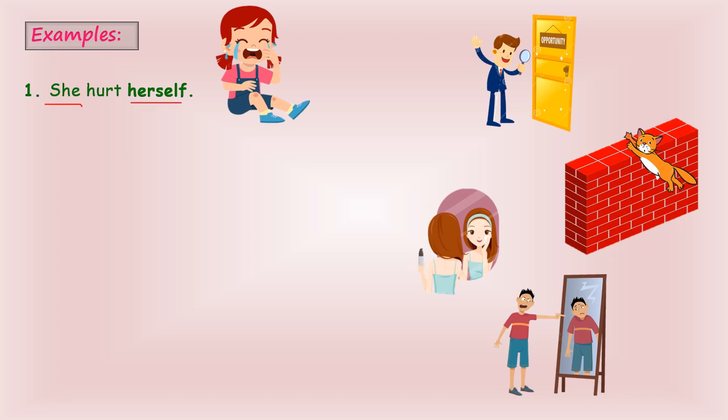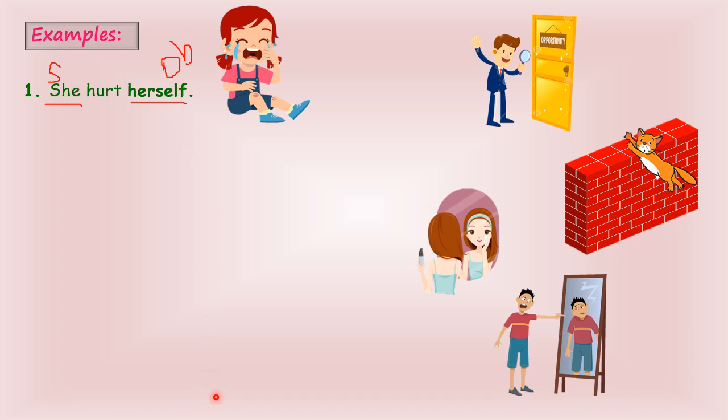Herself is the object. I am writing O for object and S for subject. Is it clear? So now tell me, are this she, the subject, and the object the same person? Yes. Then this is a reflexive pronoun.